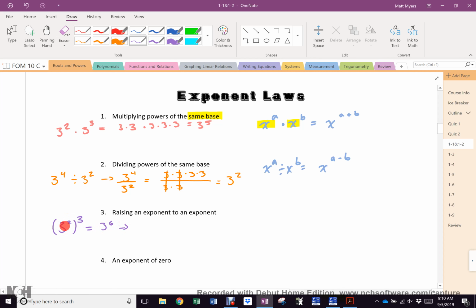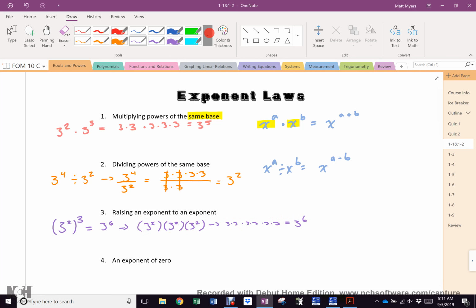So this is saying I have 3 squared 3 times, right? Which is, of course, 3 squared times 3 squared times 3 squared, to get me 3 to the 6th, right?